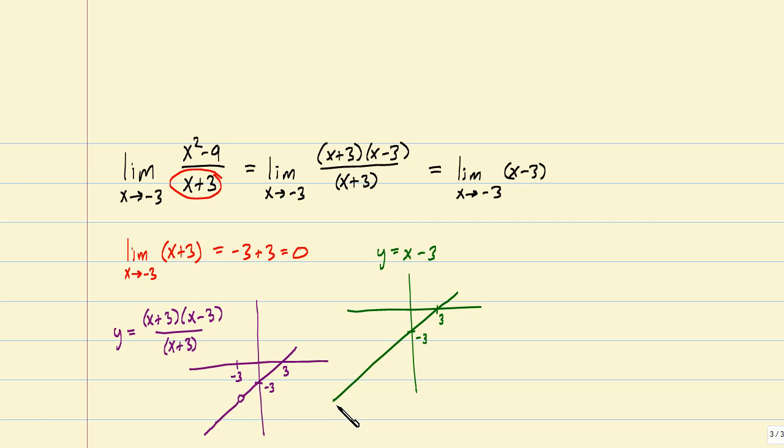Now, intuitively, looking at these two graphs, the limit behavior at x equals negative 3, or as x approaches negative 3, on both should be the same. We should be getting arbitrarily close to the same height when x gets close to negative 3. And indeed, we have a limit law to that effect.